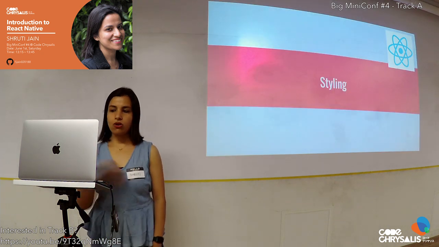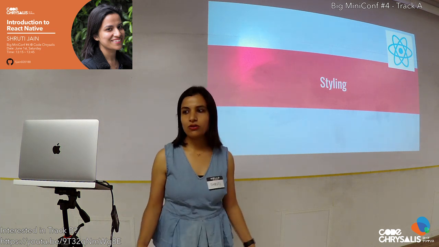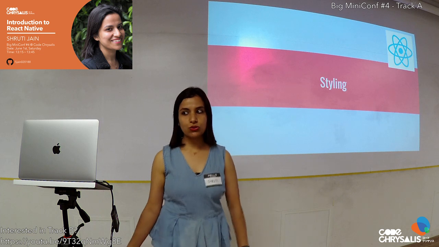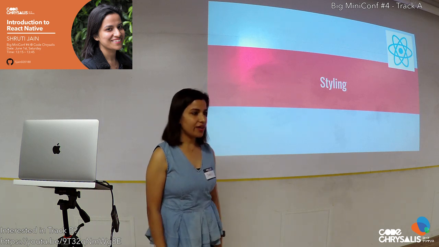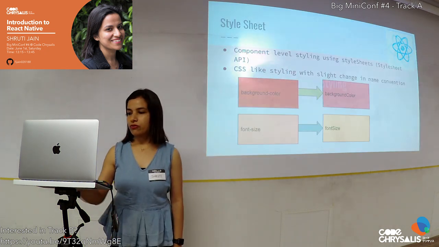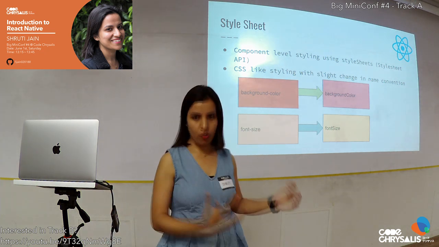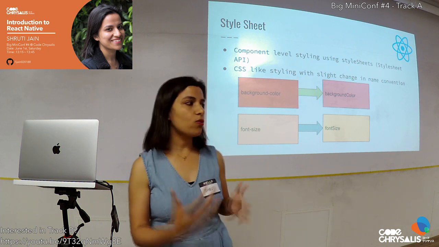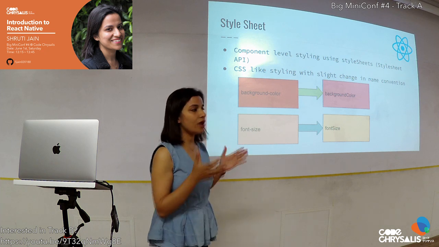Once you have your components, you might want to make them look better, or style them. So let's see how you do the styling in React Native. Styling in React Native is based on CSS. It's not very difficult. You attach a style sheet to each of the components, and then you specify the properties, like how you want to style the components, using the properties you have in CSS.